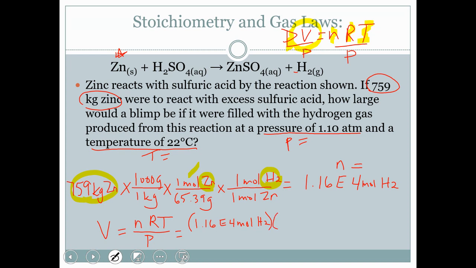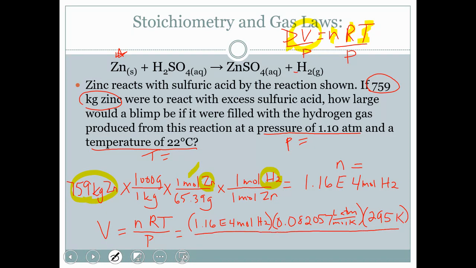And then we need the value of R, 0.082057, and that is liters atmospheres over mole Kelvin. So our temperature has to be put into Kelvin. So we add 273 to the 22 to get 295 Kelvin.